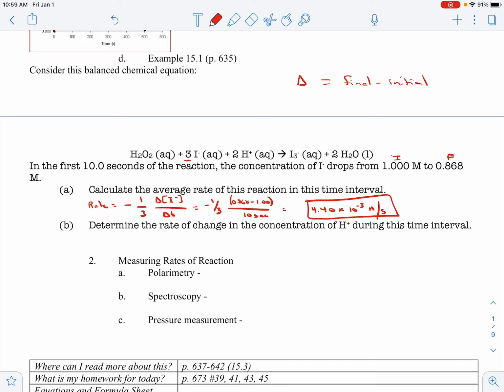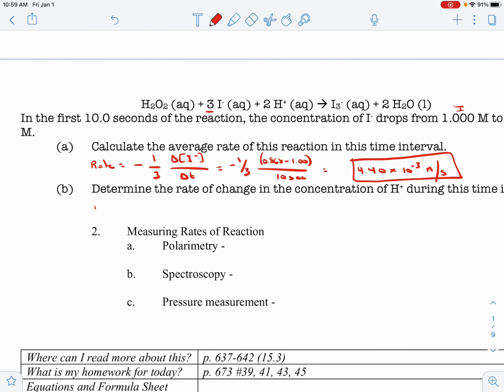Okay. Now we're also supposed to compare that to our H plus. Well, we know that if we look at our rate of H plus, if we write it out, it's rate of negative 1 over 1/2, and then our change in H plus over our change in time.